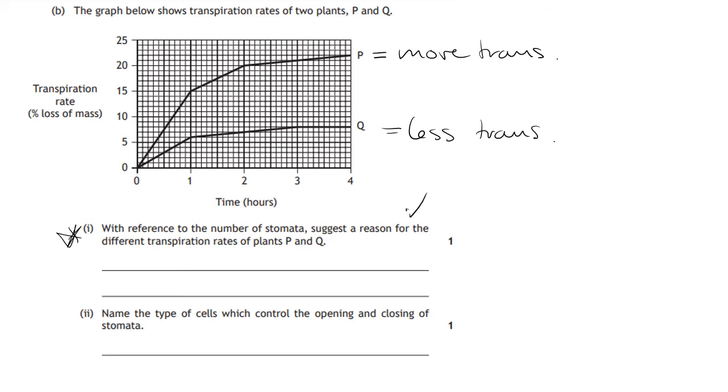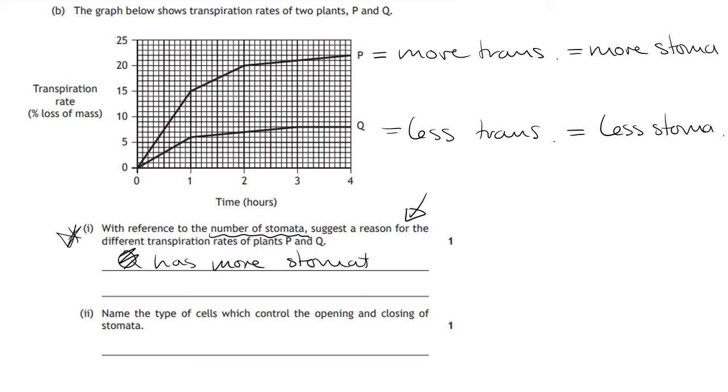So this question says, in reference to the number of stomata. So one of them is going to have more stomata, one of them is going to have less stomata. So who'll have more stomata? The one that's losing the more water. See the less transpiration, the less stomata, it's losing less water out of the stomata. So Q has more stomata.